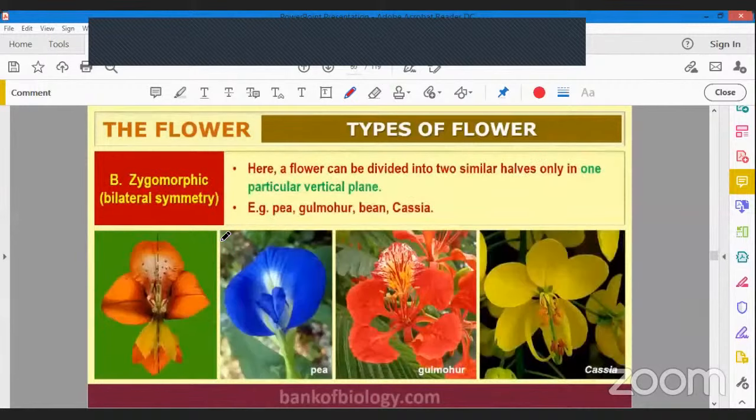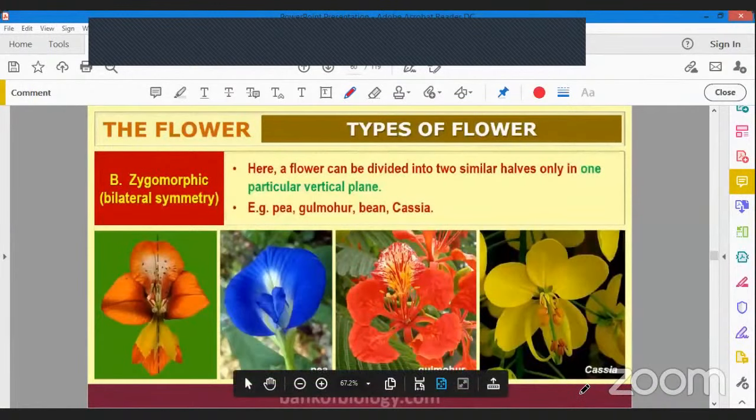Done. Now the next one. Take down zygomorphic flower. Okay, so only two equal halves.